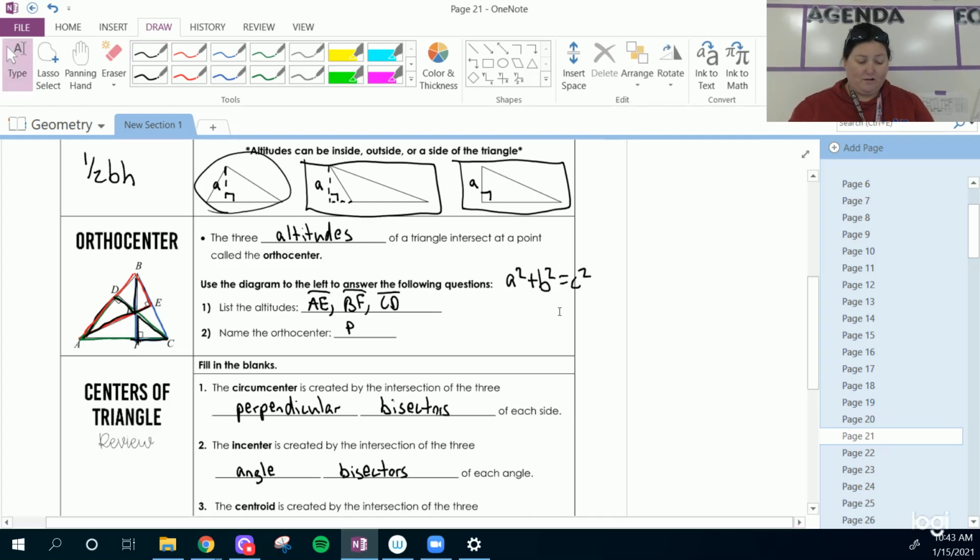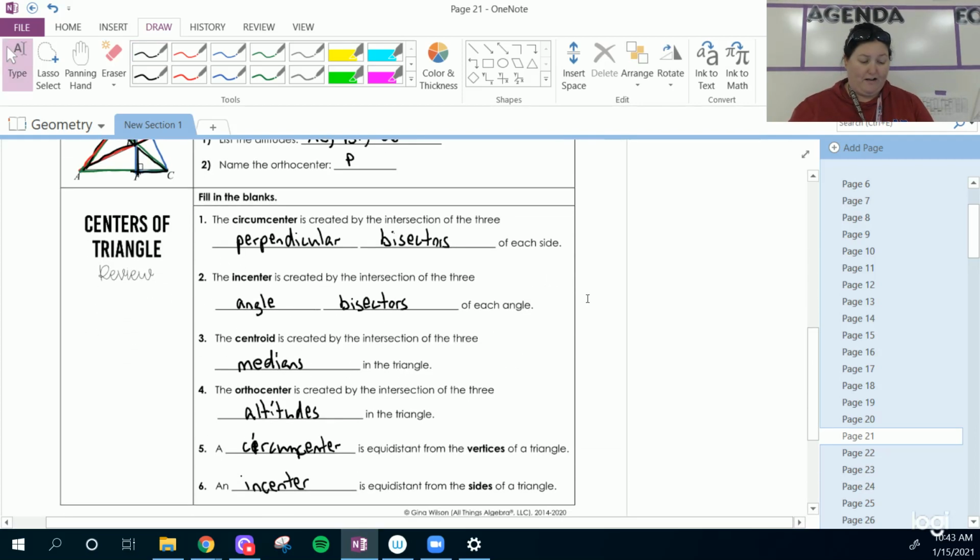So next thing we're going to do is review centers of a triangle. So the circumcenter is created by the intersection of the 3 perpendicular bisectors of each side. The incenter is created by the intersection of the three angle bisectors of each angle. The centroid is created by the intersection of the three medians in the triangle.